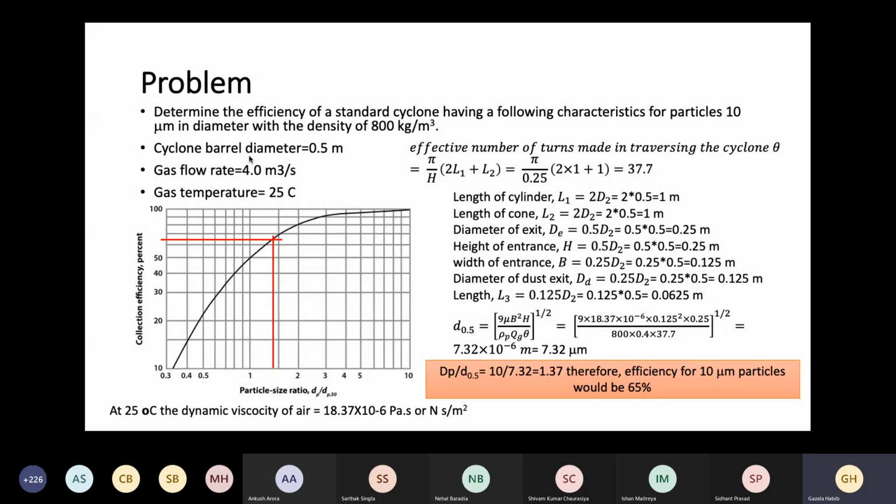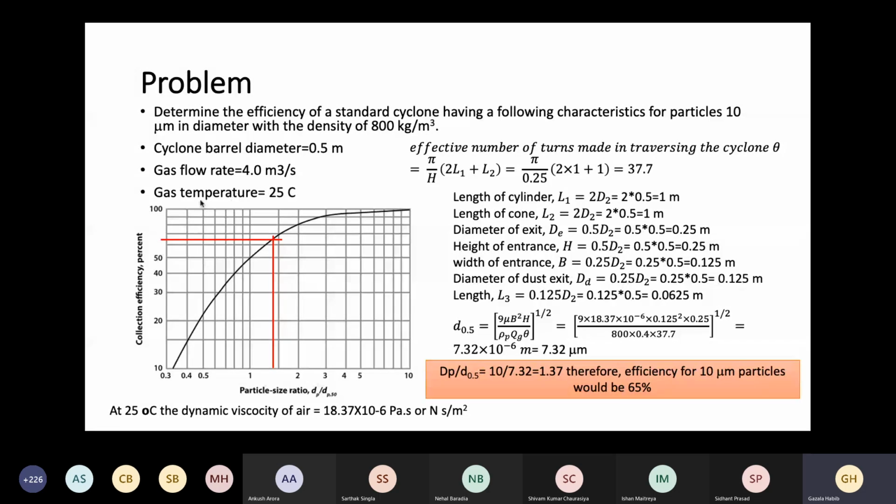In case of forced draft flow, the gas flow rate would be higher than the natural draft flow. So when we are applying the cyclone in an industry, the gas flow rate will be constant, depending upon the stack velocity of gas, right?